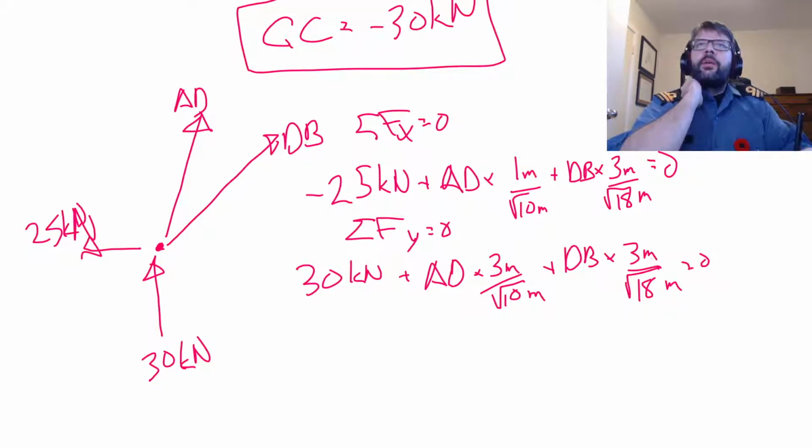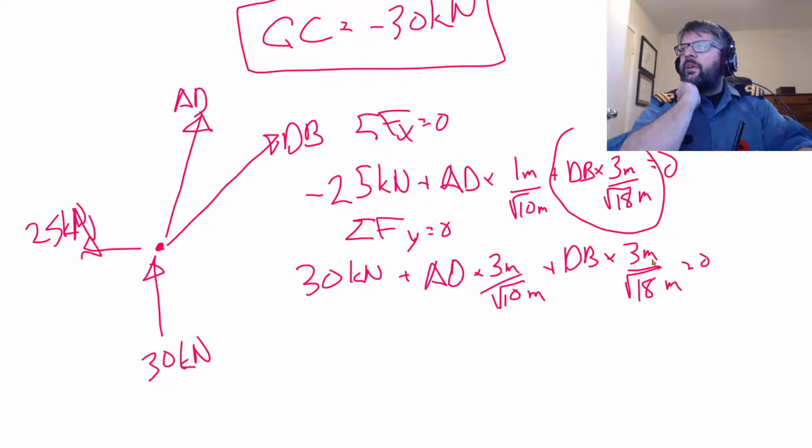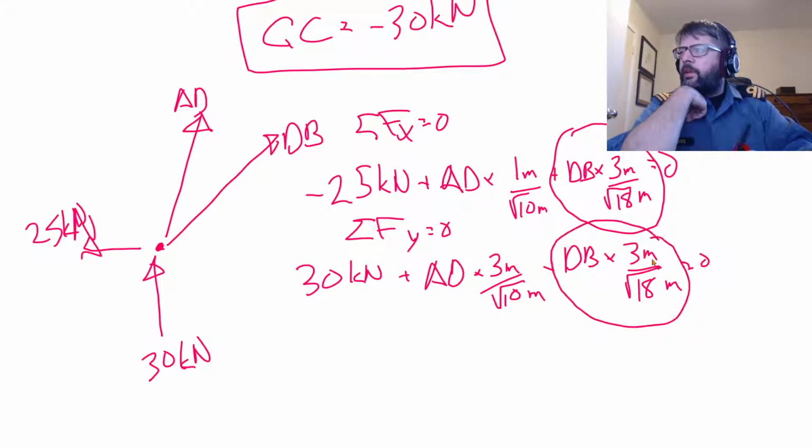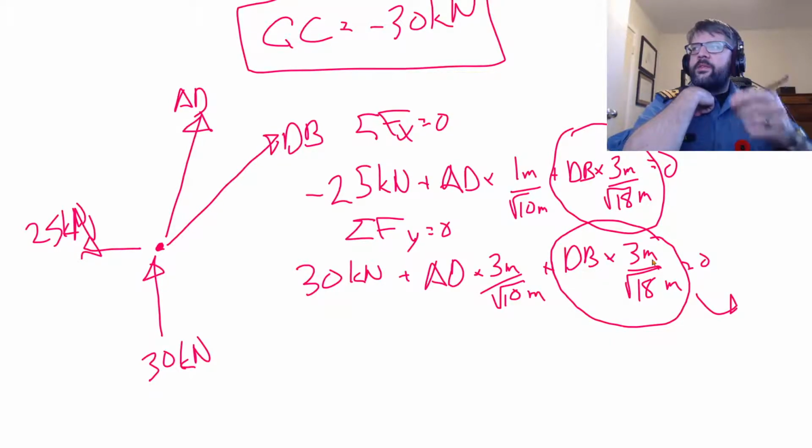So again, two equations, two unknowns. We've got this DB times 3 meters over root 18 meters term in each equation. So we can move that over to the other side, and now suddenly we've got two equations that we can equate directly.